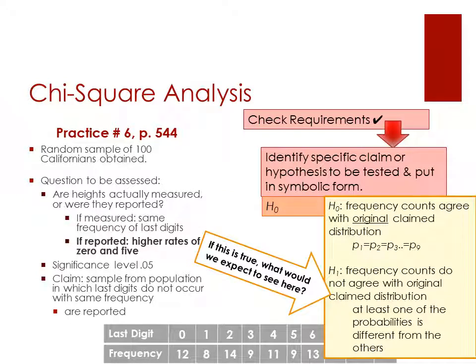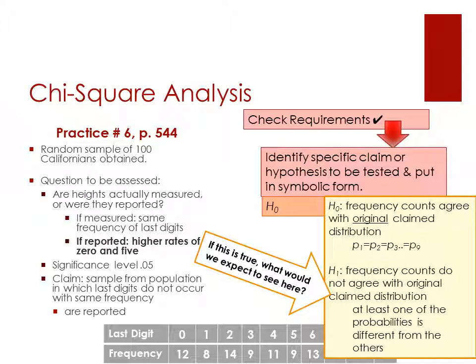Okay, so then that's what we're looking for in our H0, our null. So if it's reported, right, so this is the thing that we're challenging, we'd have higher rates of 0 and 5. So in this particular case, we don't actually need to specify the higher rates of 0 and 5. We can actually just write this out as at least one of the probabilities is different from the others, okay?